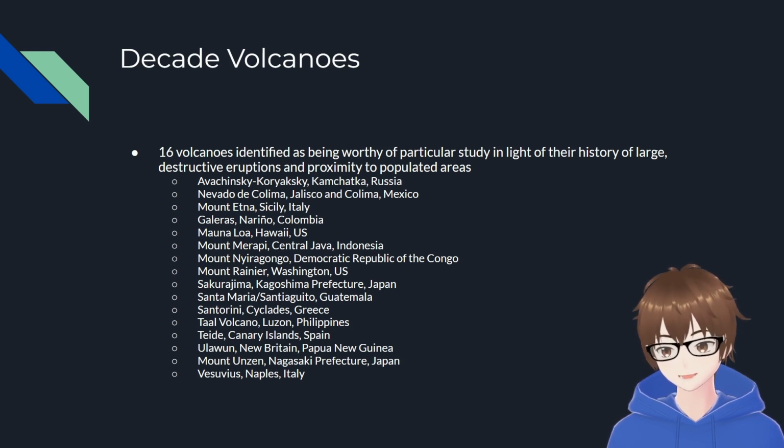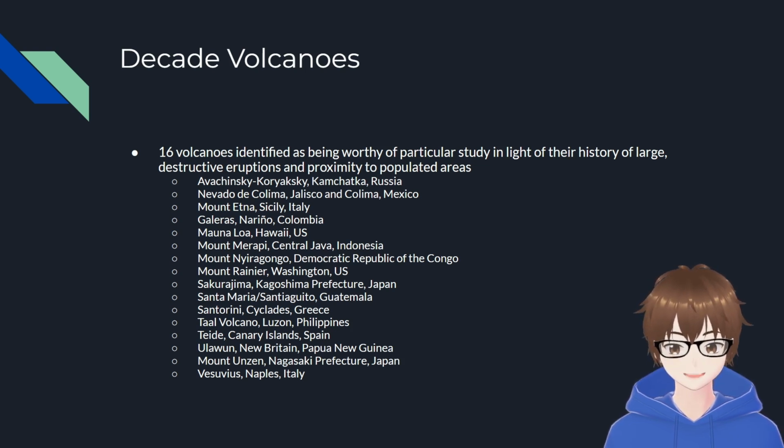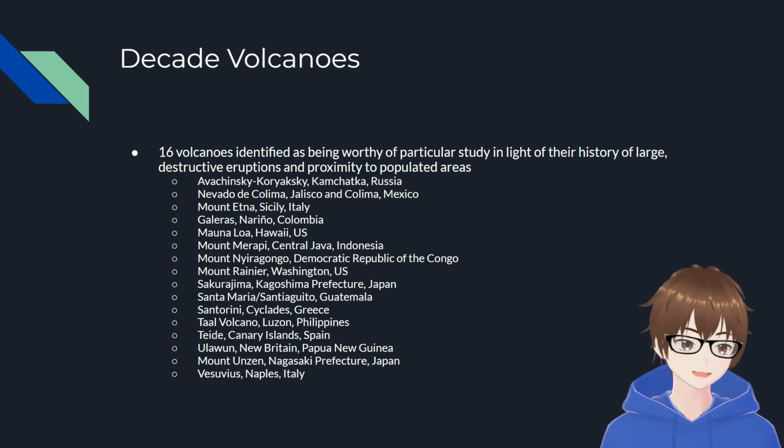We have Mauna Loa, yeah, it's on there, and there's a few others. So like there's some in Russia, Mexico, Italy, the U.S., Indonesia, Congo, Japan, Guatemala, Greece, Philippines, Spain, New Guinea, Japan again, Italy again. So yeah, there's multiple of them.